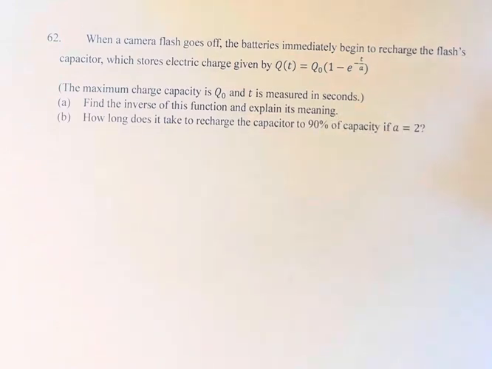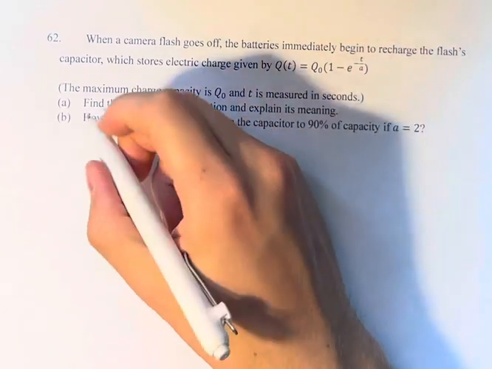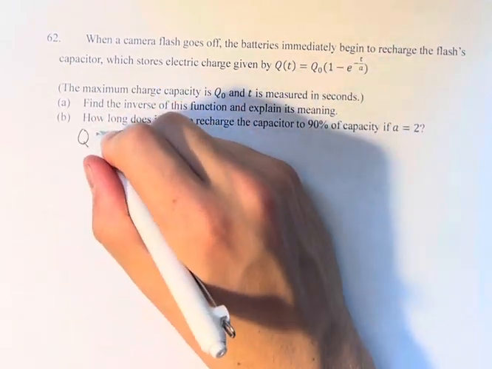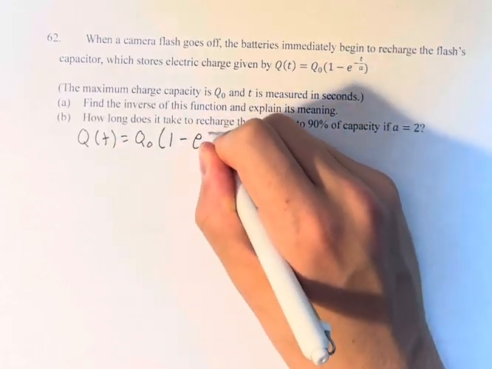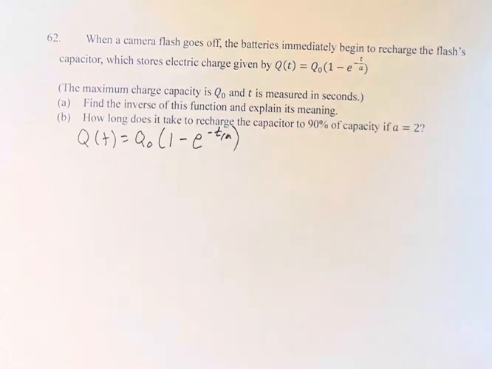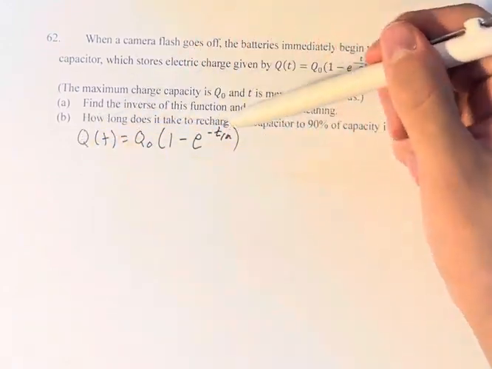So what we're going to do here is take the function, right? So we have q of t equals q naught times 1 minus e to the negative t over a. And to find the inverse, we have to swap q of t and t.